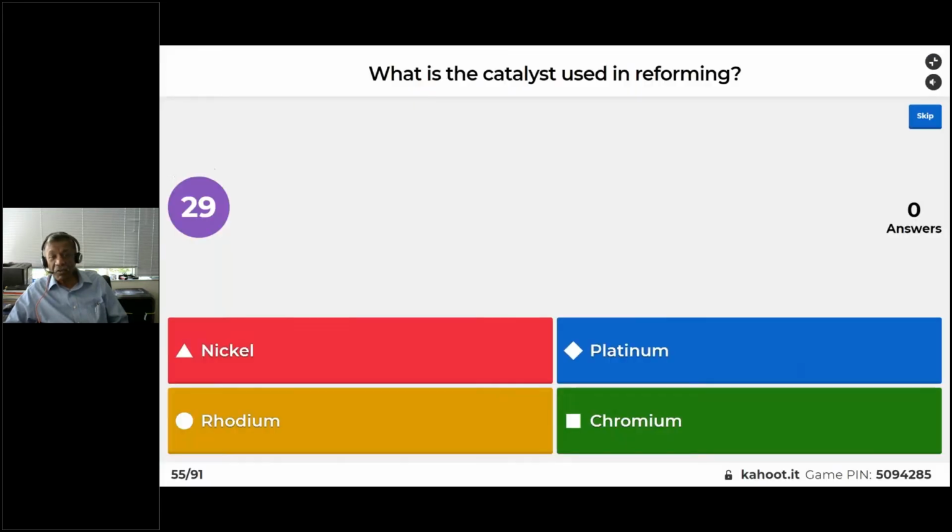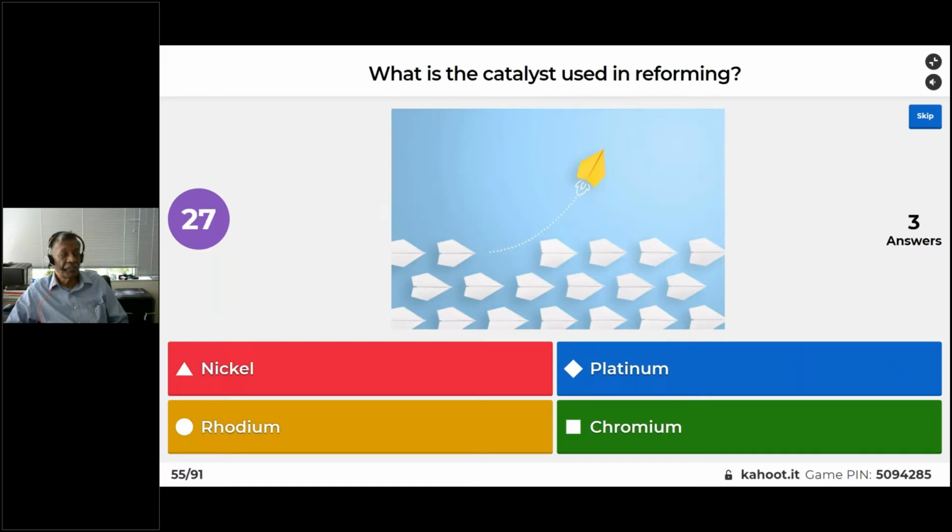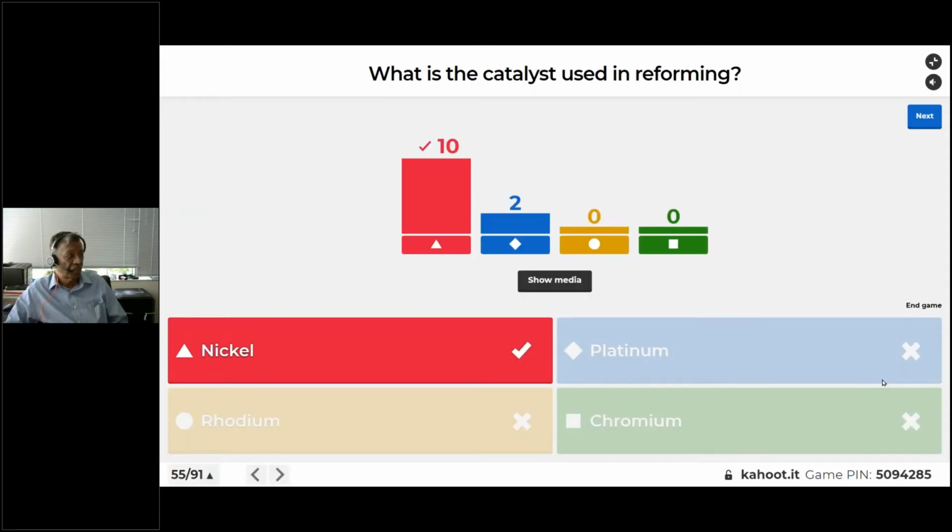So let's talk about what catalyst is used in reforming process, steam methane reforming process. Well, almost all of you got it right.